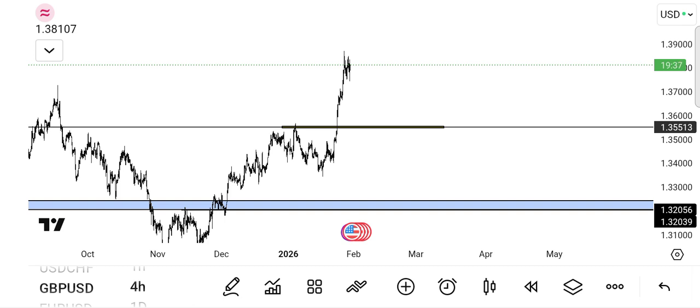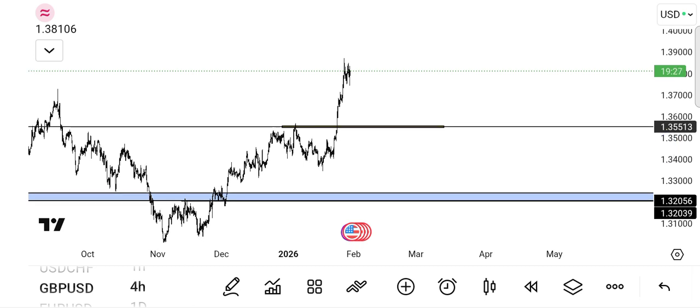Remember, the market is full of probabilities. Sometimes I may play out content on this place here, and sometimes the market may not play out as I want, because I'm not the one controlling the market. But if you check it very well, if you calculate all the wins and all the losses, you'll find out that yes, I'm a very profitable trader.